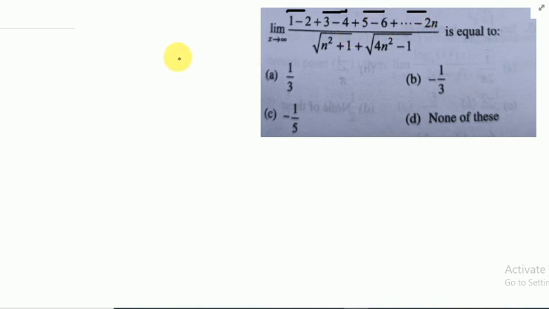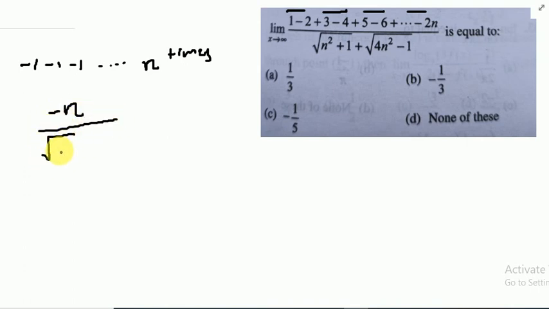So, it will be 1 minus 2 is minus 1, minus 1, minus 1, and so on up to n times, because 2n terms are there. If you combine 2 terms, then it will be n times. Therefore, I can write this as minus n divided by square root of n square plus 1 plus square root of 4n square minus 1.